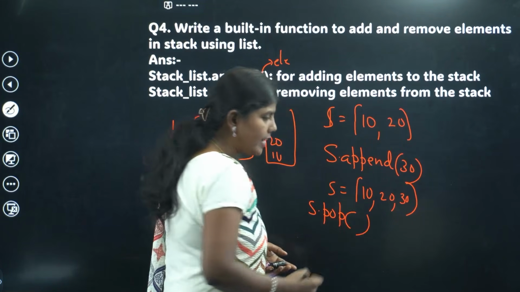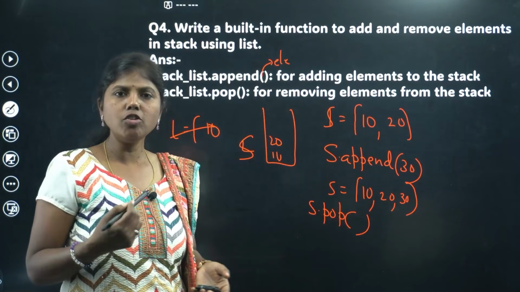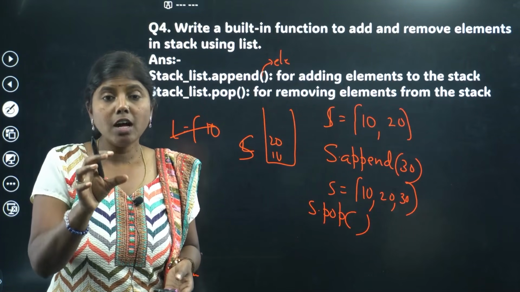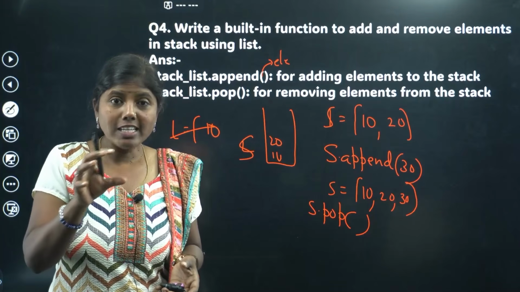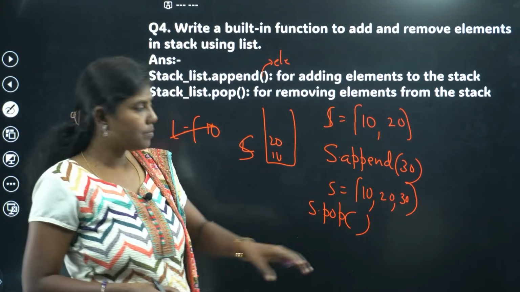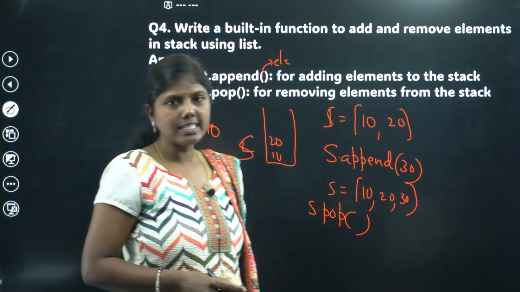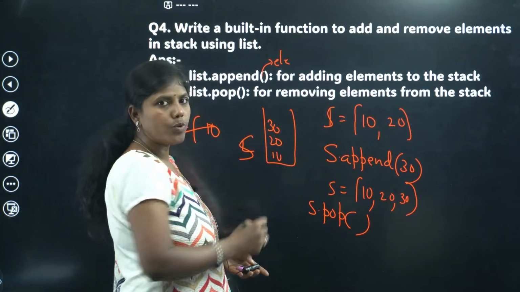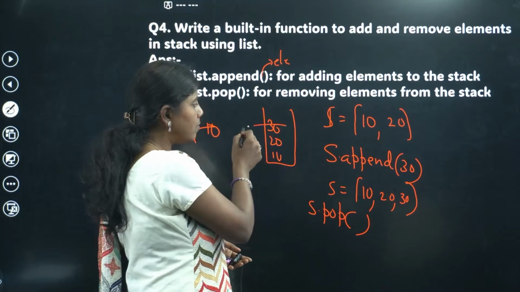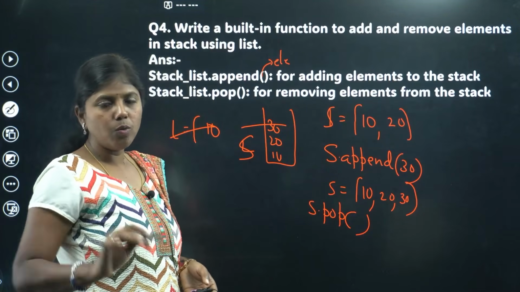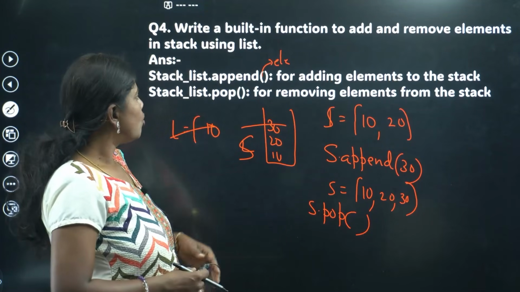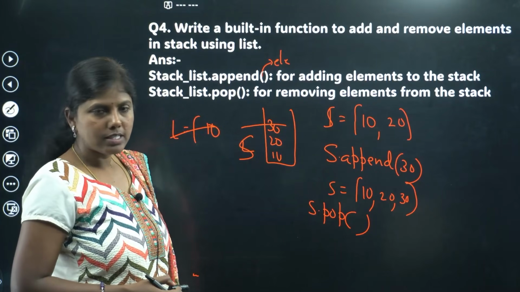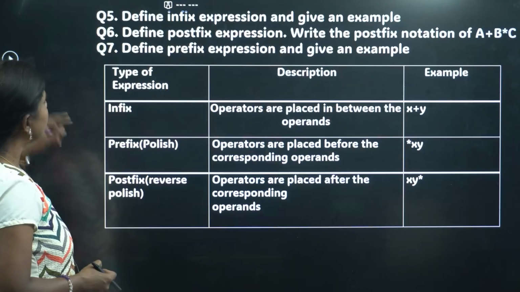I need not give the index there, because the pop function without an argument always deletes the last element. When I give this, automatically 30 will be deleted. Last in first out works properly here, right? So stack dot pop function. We'll go to the next question.